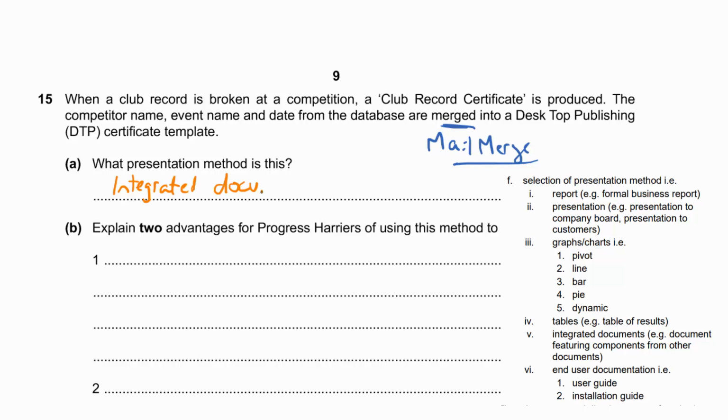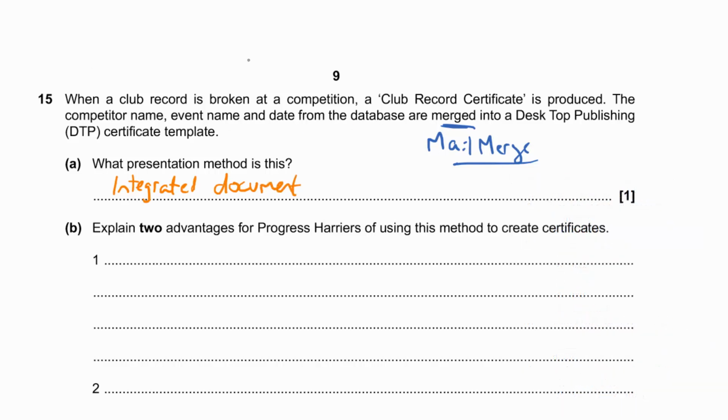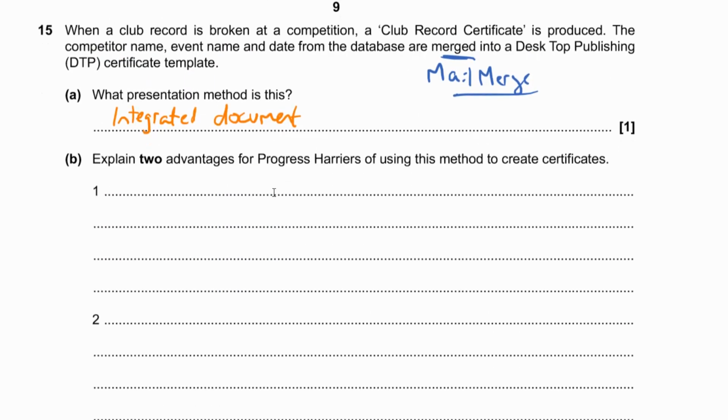Integrated meaning we are mixing two different software types here. We're bringing some data from one software type into another software type. OCR love this to death, especially for the R013. If that's what's going on, we're moving data around, it's integrated, just one of the types here. If you didn't write this, you wouldn't get the mark because it's so specific for this. Just something you've got to learn.